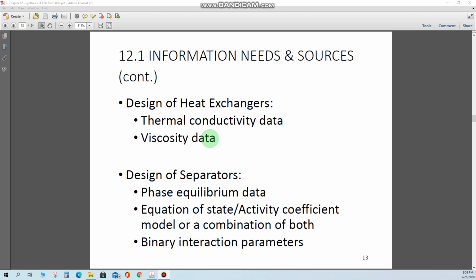Then when you're designing the separators, then you should have information on the phase equilibrium data, and you should have information on the equations of state, activity coefficient models, or the combination of both, binary interaction parameters. So if some gases and liquids are interacting with one another, then what kind of parameters would be there and how you can get the values for those parameters. Okay, so this is some of the information that you need when you're designing any of the reactor.